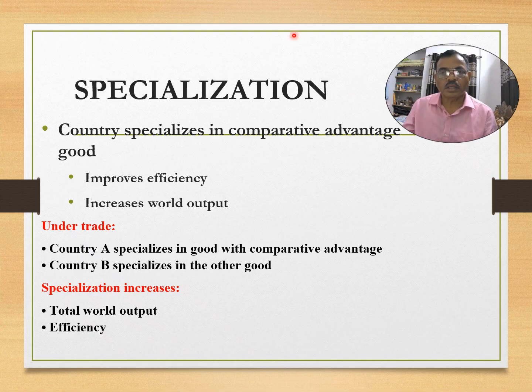Suppose country A specializes in X and country B specializes in Y. Specialization increases efficiency because each country focuses on what it does relatively better. This leads to an increase in total world output. In the classical Ricardian model, this specialization becomes complete.